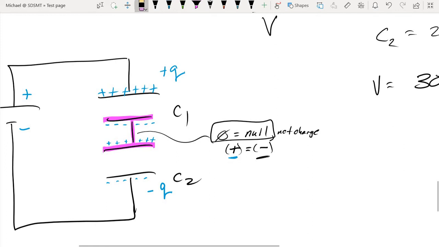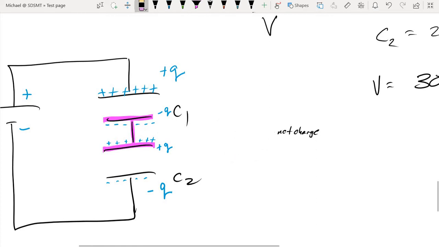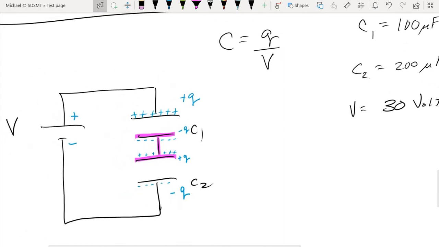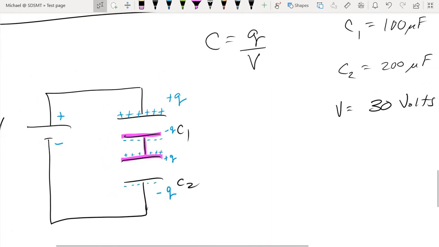It deviates into two groups of equal and opposite charge amounts, which just happens to be negative Q and positive Q. And what we now have is the first concept that we need towards working with series capacitors.